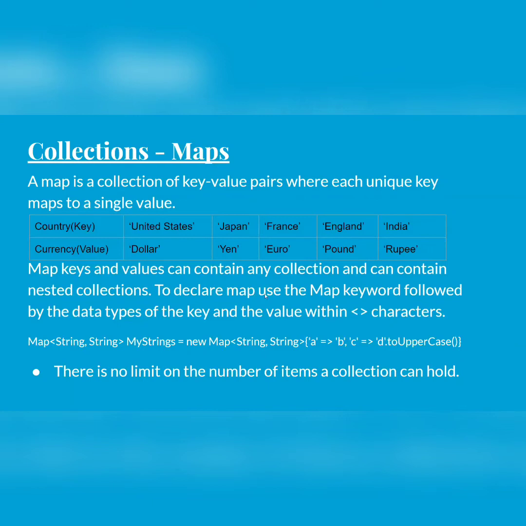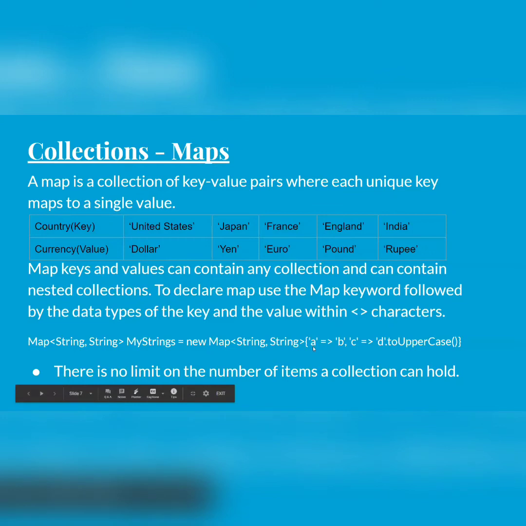To declare a map, use the map keyword followed by the data types of the key and the value within these angle brackets. Similar to the list and set, you will use the keyword map, but instead of one data type, you have to give a key value pair. So you give String, String, myStrings, equals new Map<String, String>.